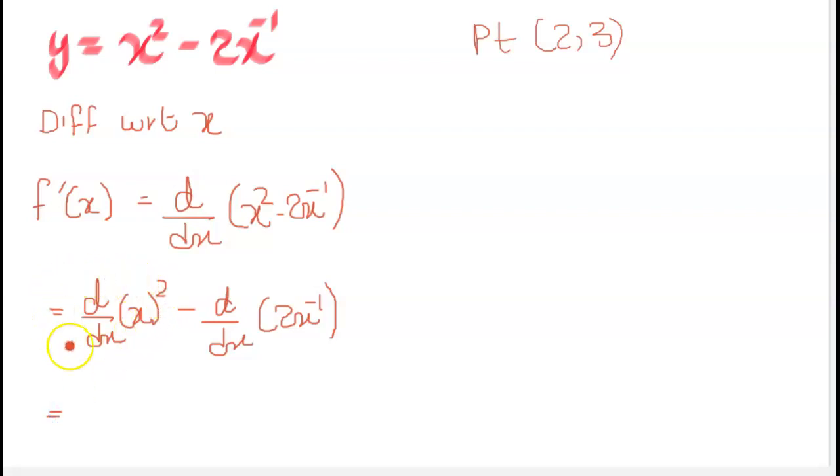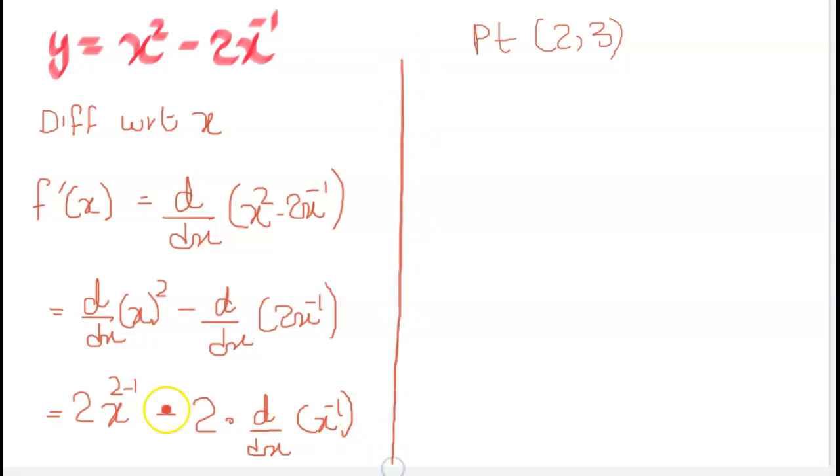When you are at this stage, let's differentiate. 2 comes out, reduce the power by 1, so 2x to the power 2 minus 1. Here first you take this 2 out and then differentiate this bit, which becomes 2x to the power 1. Usually we do not write 1, so I'll make it disappear in the next one.